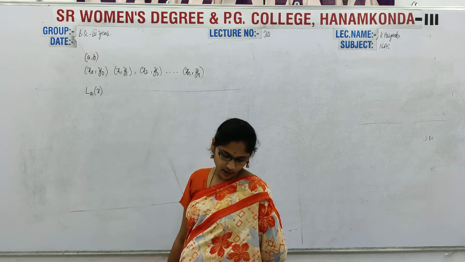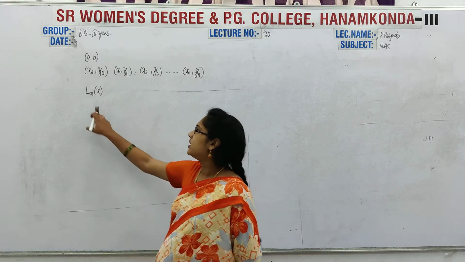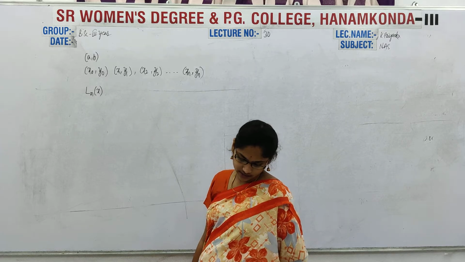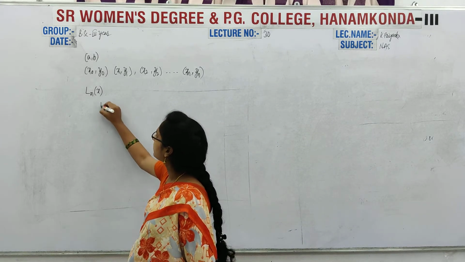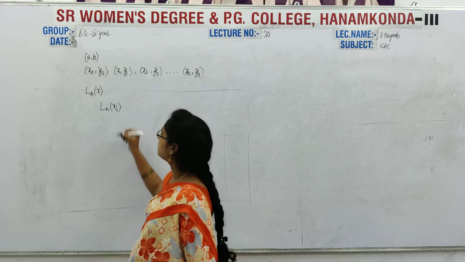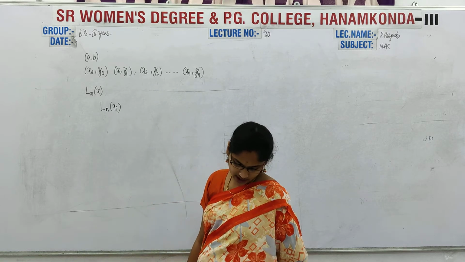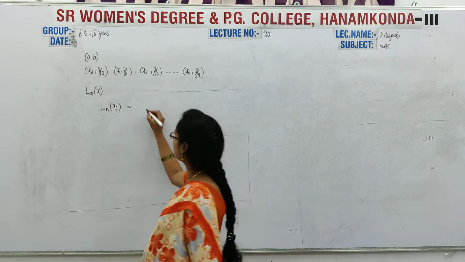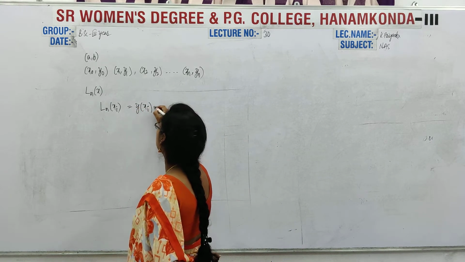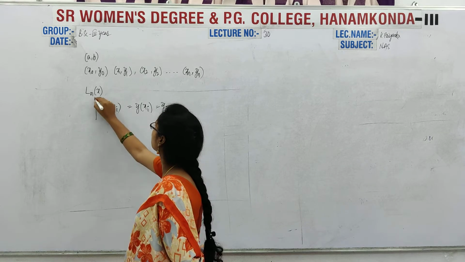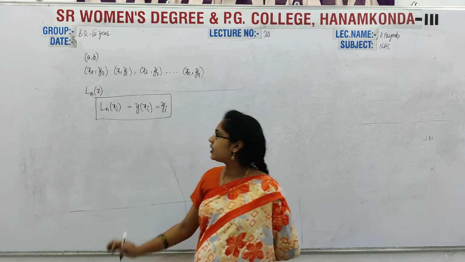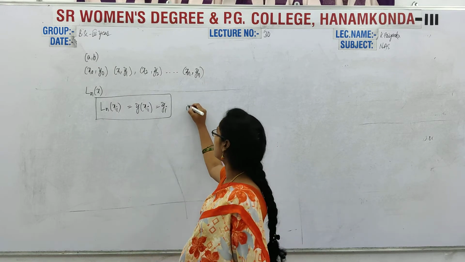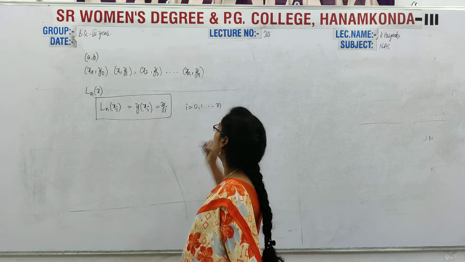The Lagrange's interpolation is denoted with Ln of x, such that Ln of xi is equal to simply y of xi, which is equal to yi. Box it. Now you can change n equal to 1, 2, 3 and i equal to 1, 2, 3 and so on. Of course, i values start from 0 to n.